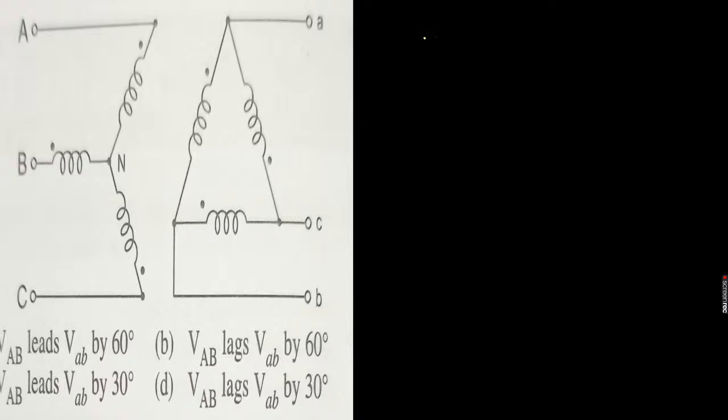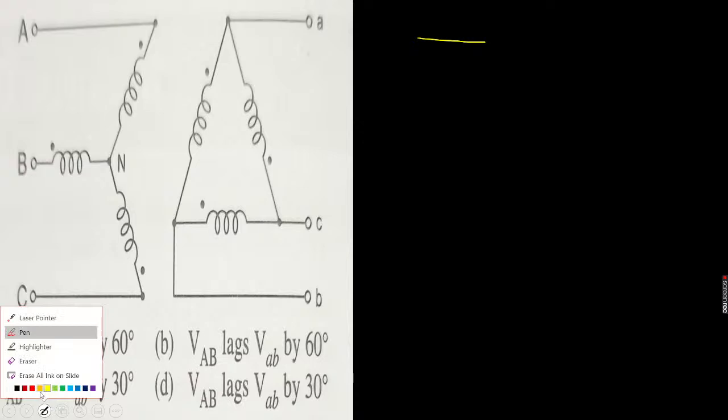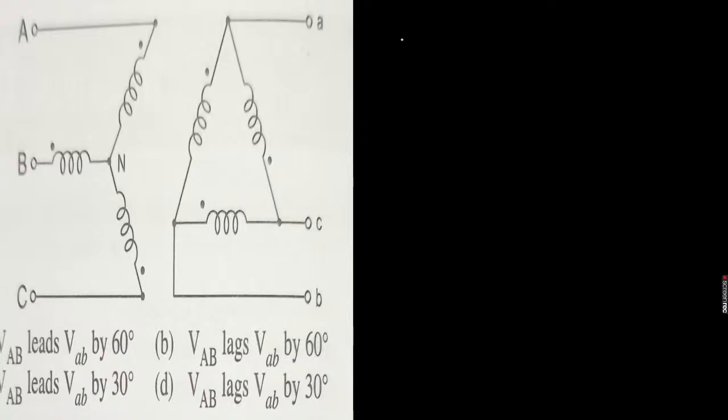See what was given. It is a star connected and a delta connected network. Primary is star connection, secondary is delta connection. Yes or no? Observe the circuit carefully. It has been drawn like this, right?